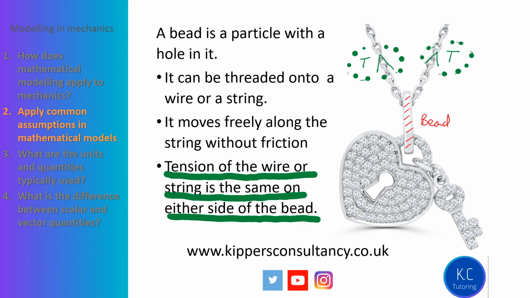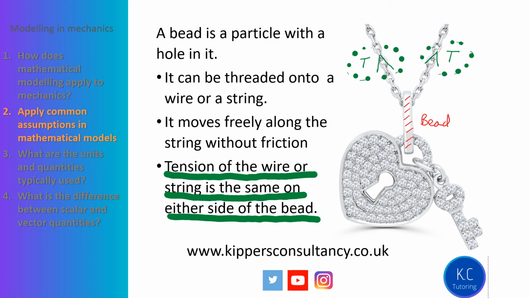A bead is a particle with a hole in it, such that it can be threaded through a wire or a string. It will move freely along the string without any friction. Therefore, the tension of the wire or the string either side of the bead is equal. So in the diagram, we have a chain, and the bead I've highlighted in red is a link that links the chain to the diamond heart-shaped padlock.